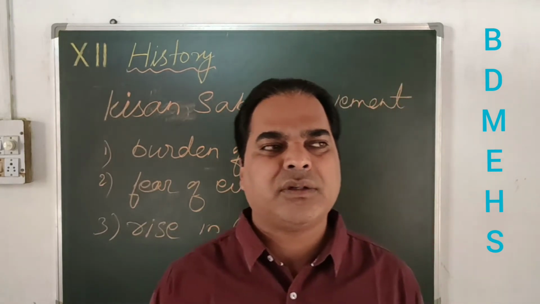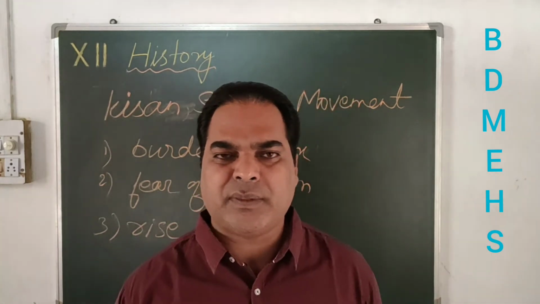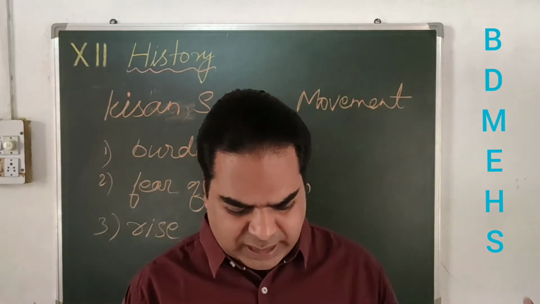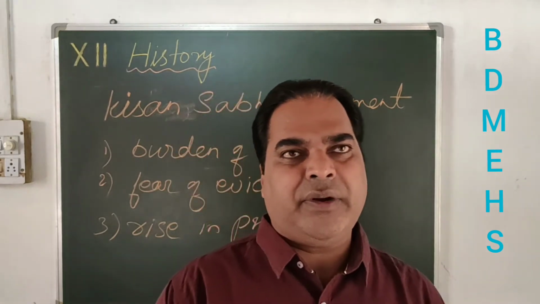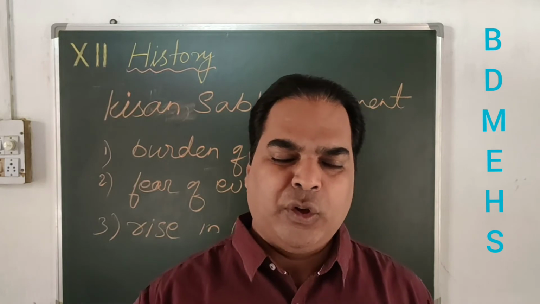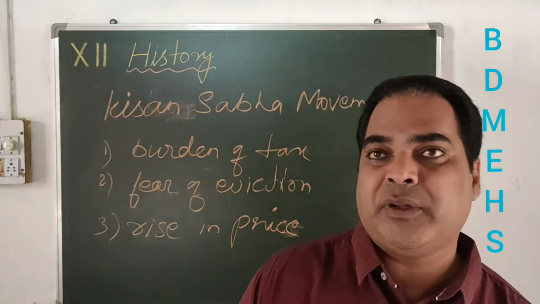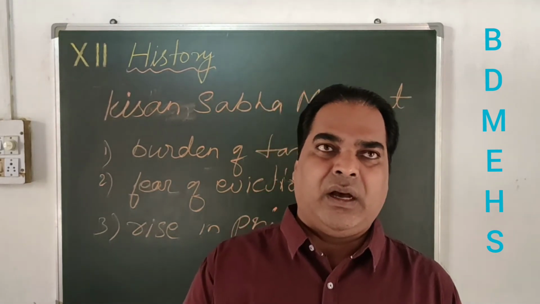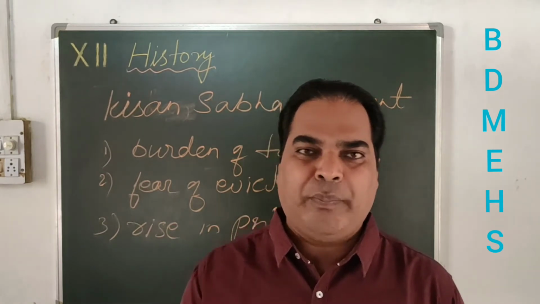So this is all about the movement led by the peasants of Uttar Pradesh, spreading to different parts of the country. In other parts of the country, it was not only a simple movement; the reasons varied from region to region. In Uttar Pradesh, the peasants led a movement against the government authorities, saying they did not want to pay taxes.